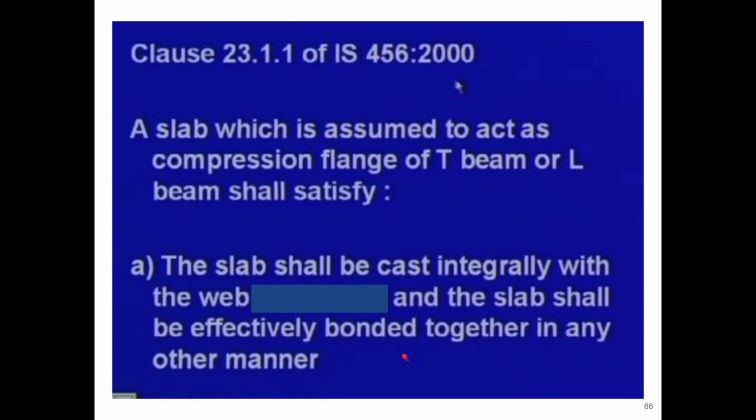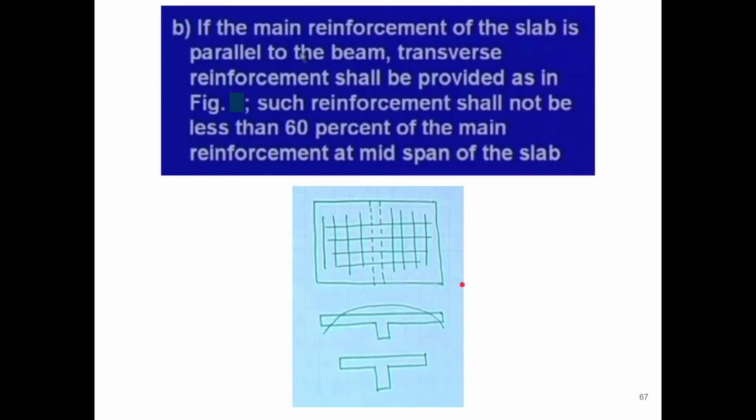So that is possible either if we directly cast a beam having the shape of a T, that is, having a flange as well as a web, or otherwise, if we are casting a slab with a beam. Either we are casting a beam which is of T shape, which is very rare, or we are casting a beam as well as a slab together. Then also it becomes a T beam. So that is a criterion.